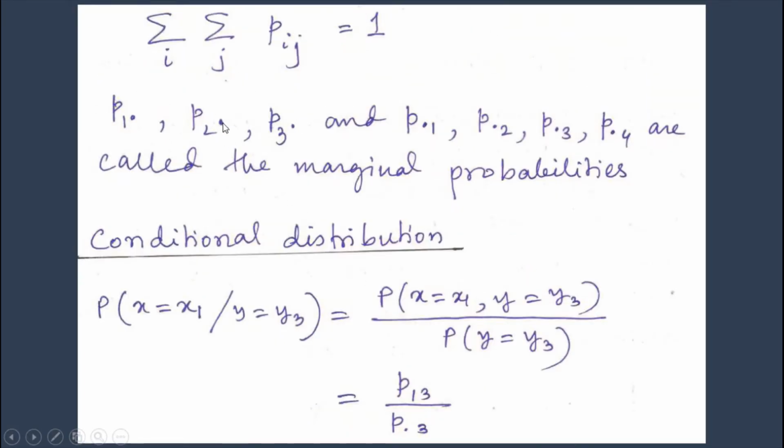P1 dot, P2 dot, P3 dot and P dot 1, P dot 2, P dot 3, P dot 4 are called the marginal probabilities. Conditional distribution. Probability that x equals x1 when y equals y3 has occurred is probability that x equals x1, y equals y3, divided by probability that y equals y3.